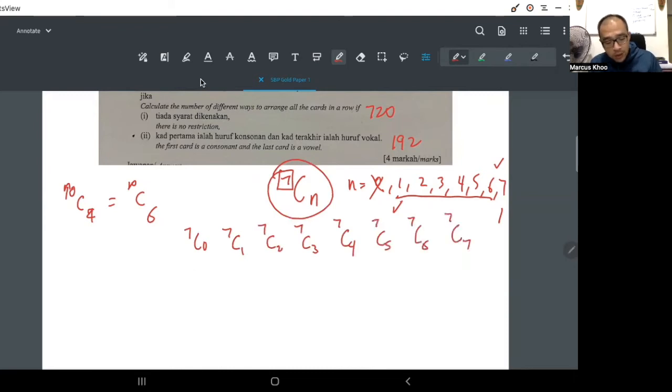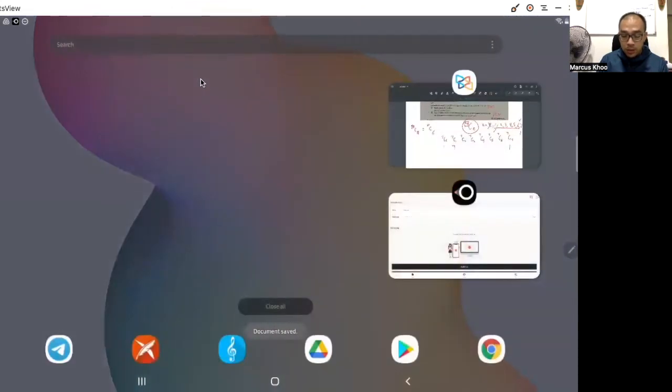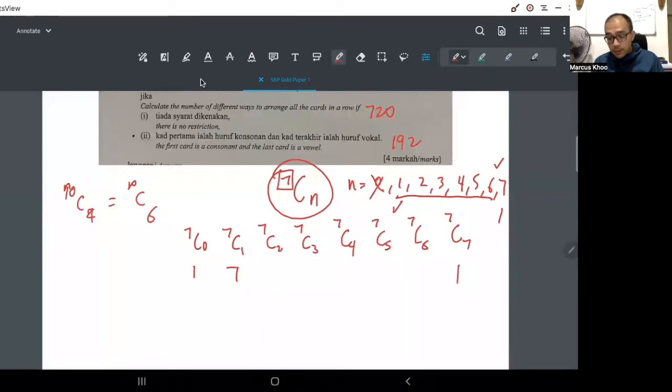Now we know that 7C0 is 1, and 7C7 is also 1. 7C1 is 7. 7C2, oh sorry, my goodness, 7C2 is 21.